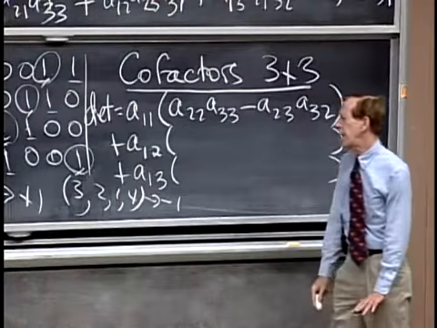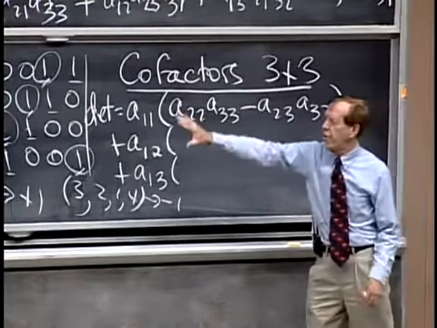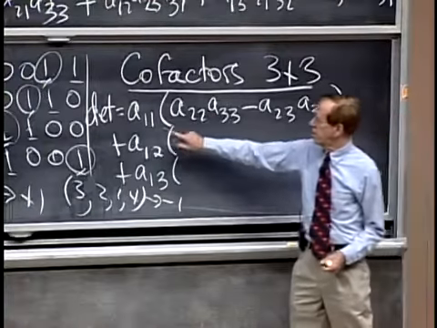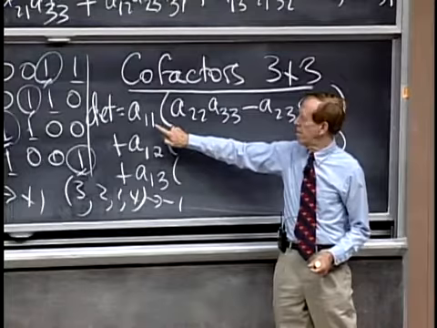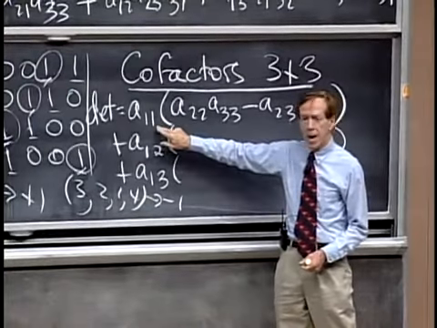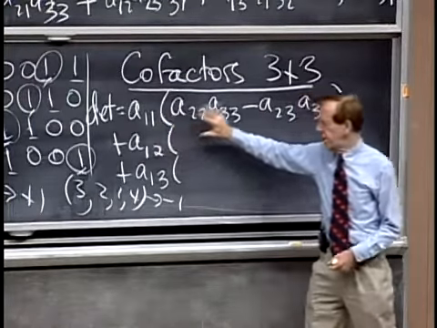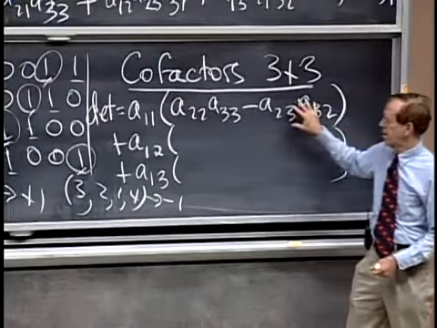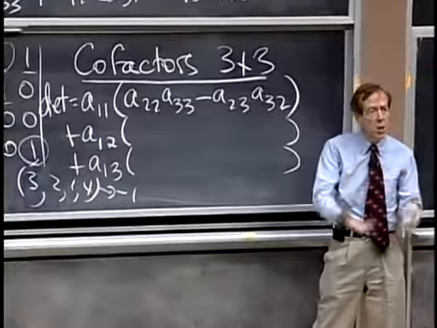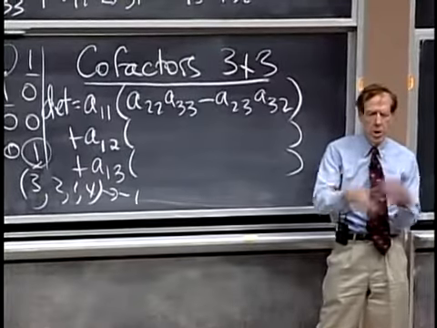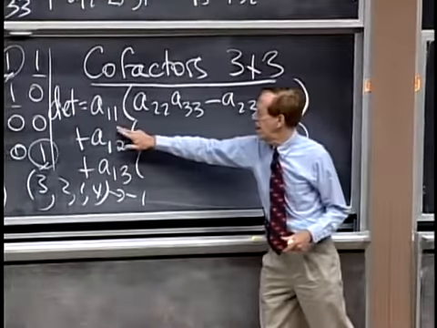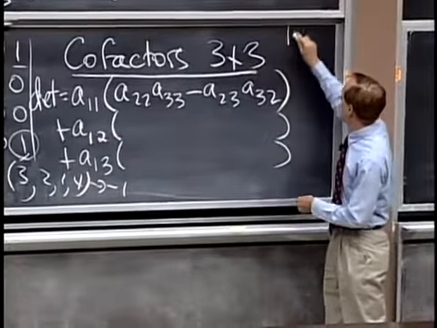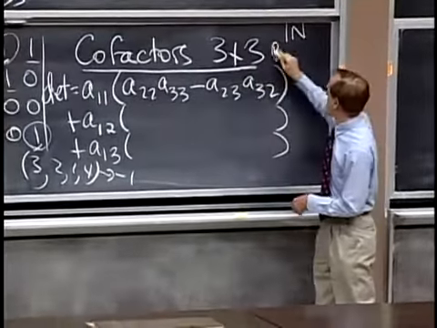Do you see what I'm doing? I'm taking our big formula, and I'm saying, OK, choose column 1 out of the first row, and take all the possibilities. And those extra factors will be what we'll call the cofactor, co meaning going with A11. So the cofactors are in parentheses.